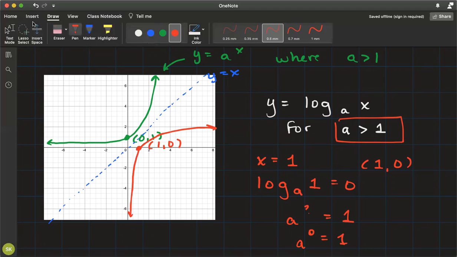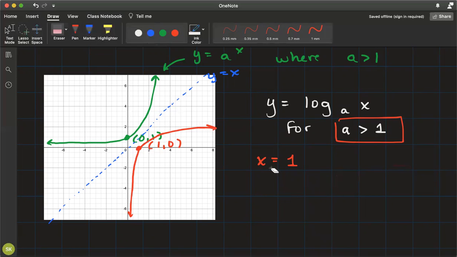And you can plug in some more things into your logarithm to get an idea. Now remember, a is greater than 1. So let's say we plug in log base a of 2. What is this equal to? Well, a to what power? So let's put in x is equal to 2.